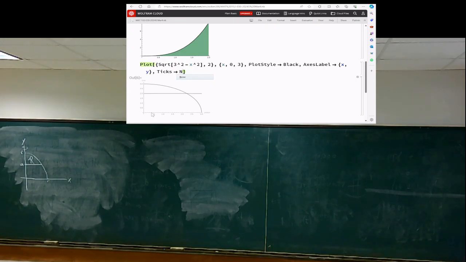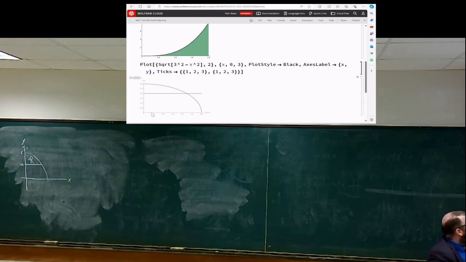Right, so they have to be in double braces. Not technically double braces, right? You need outer braces. And then the first set of braces are the X ticks. So I could just go, if I wanted, 1, 2, 3. Comma, and then Y ticks, I can just go 1, 2, 3 again.